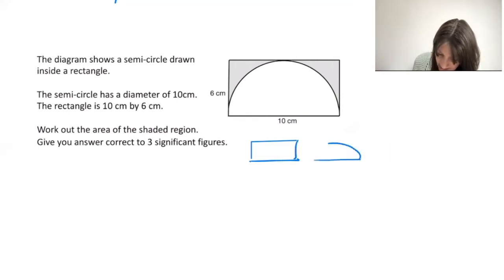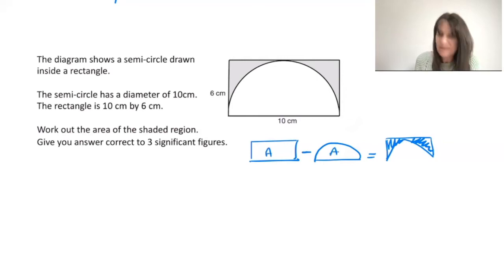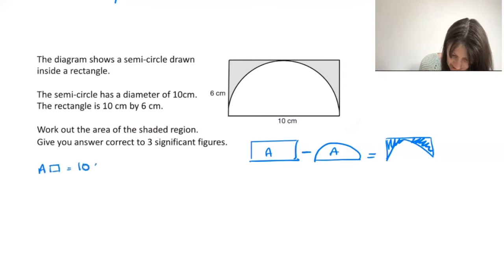When I take away the semicircle, it's going to leave me that shaded region. So I've got to find the area of this, take it away from the area of this to get the answer that they want. So the area of the rectangle is, as always, pretty straightforward. So the area of my rectangle is going to be 10 times 6, which is 60.